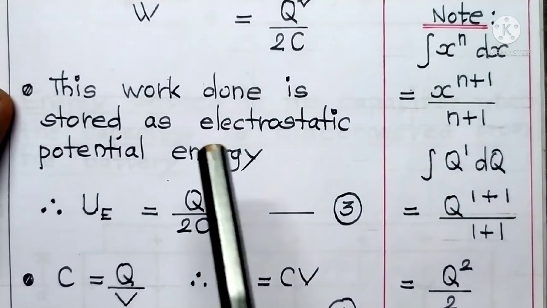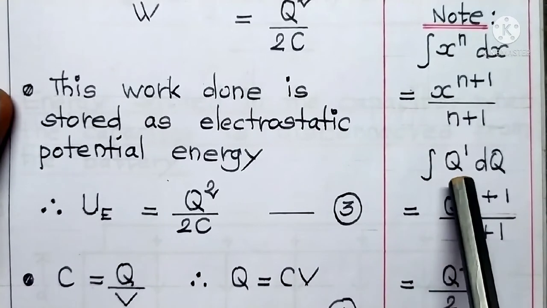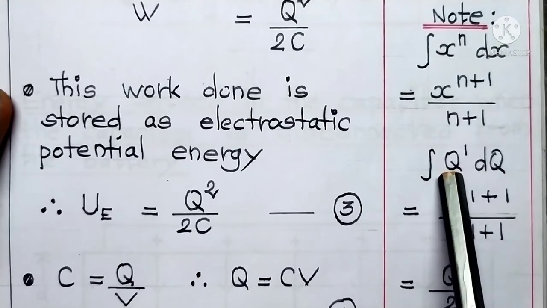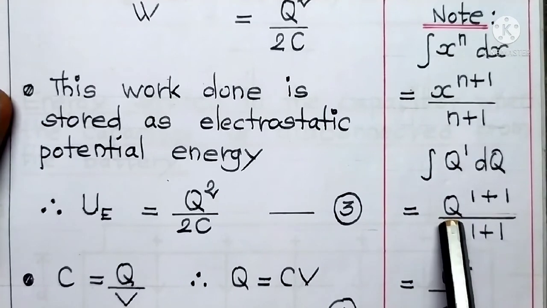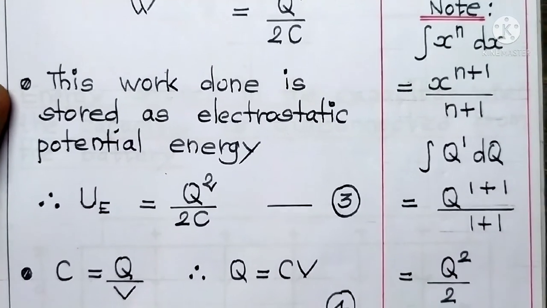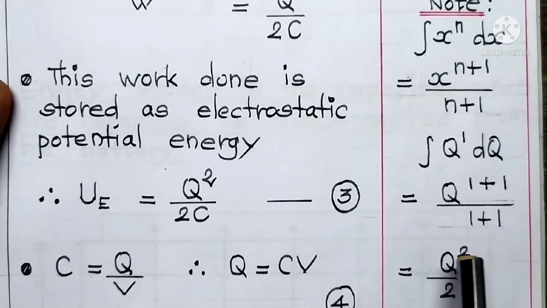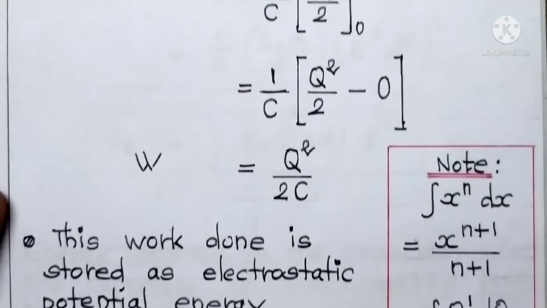So here in our case, integration of Q dQ. Q means Q to the power of 1, which is equal to Q to the power of 1 plus 1 divided by 1 plus 1. So we get Q to the power of 2 divided by 2. Now let us come to this.